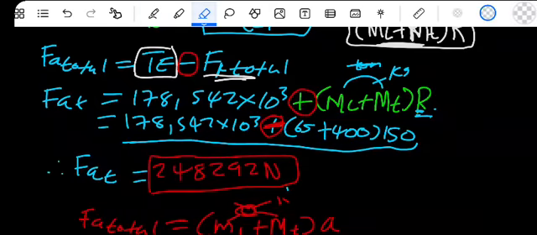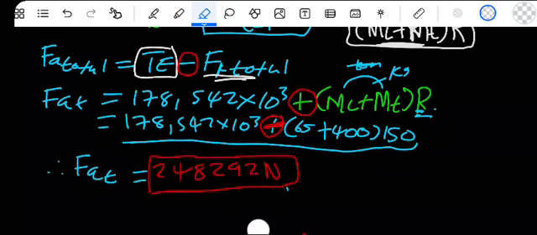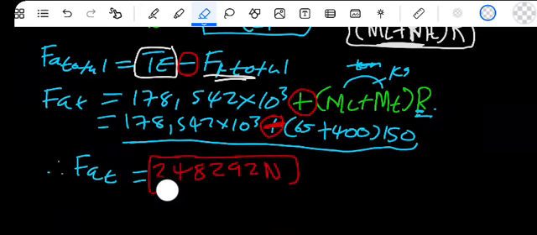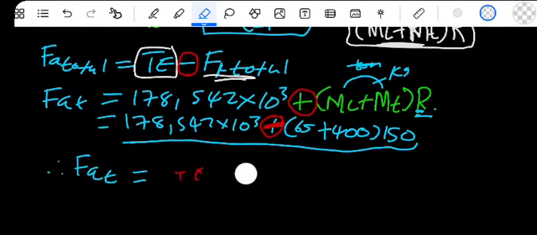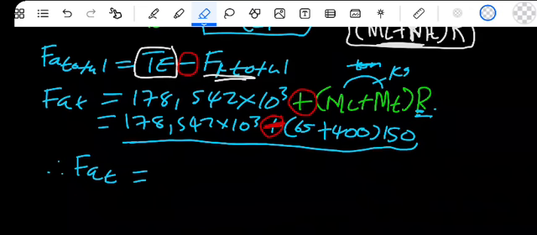Let me now do these adjustments. 1718.42 times 10 to the power 3 minus 65 plus 400 times 150.